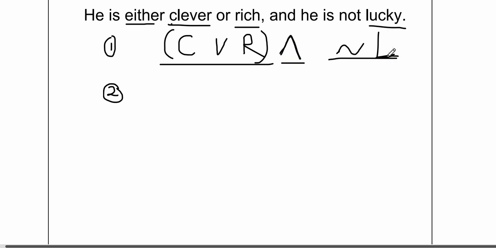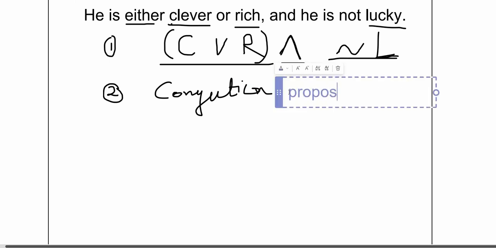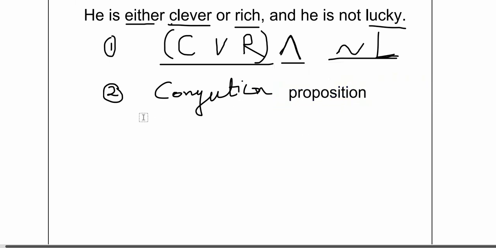First we convert lucky into not lucky, and then the conjunction applies. So the most dominant is the conjunction type. This is a conjunction proposition.